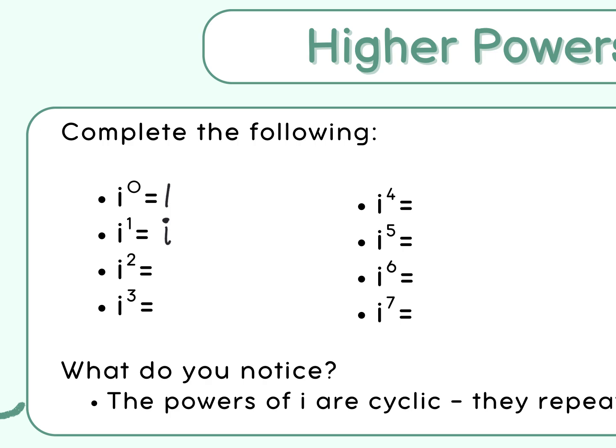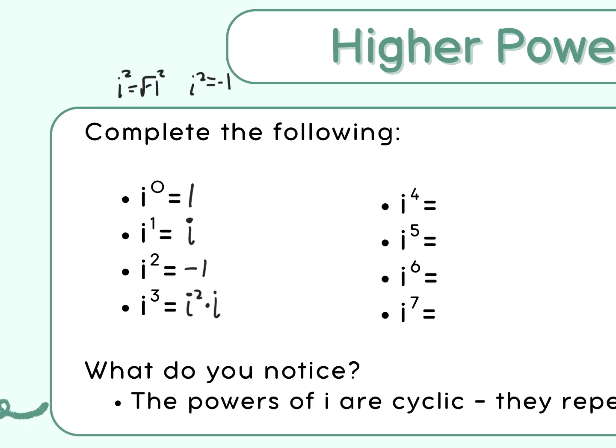And then i squared, we said that this is negative 1. That was by definition. If i is the square root of negative 1, when you square both sides, then you get that i squared is negative 1. Just a little side note. So then what about i to the third power? Surely we can evaluate this. Well, we can use our properties of exponents, and I can say that i to the third power is the same as i squared times i to the first.